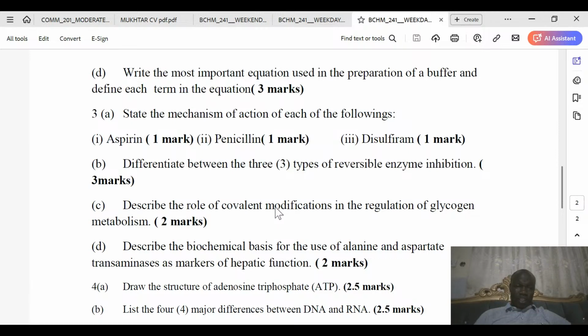And then the next one is: state the mechanisms of action of each of the following: aspirin, penicillin, disulfiram. So please, who can tell me the mechanism of action of aspirin? Yes, the mechanism of action of aspirin.